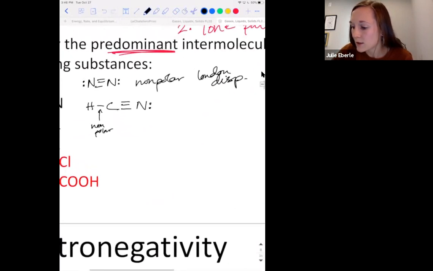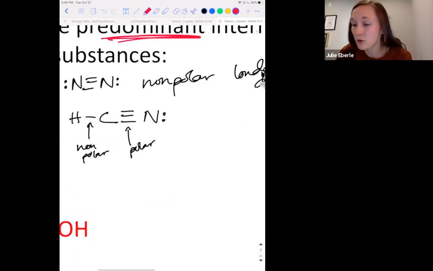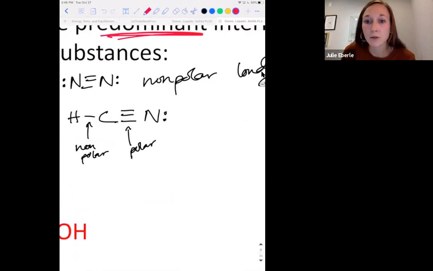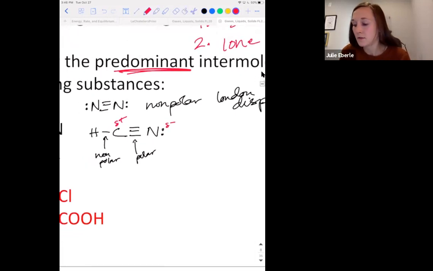So these bonds are polar, which means we could draw in a partial positive and a partial negative. Where would you draw them? You draw the partial negative on the nitrogen. It has the lone pairs. You draw the partial positive on the carbon. And you could even draw in a dipole pointing to those lone pairs.